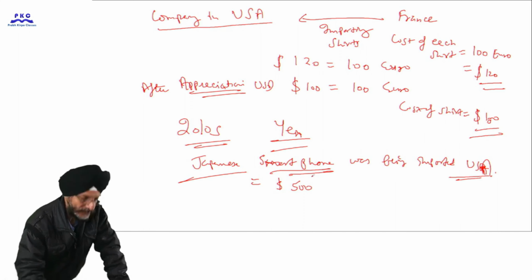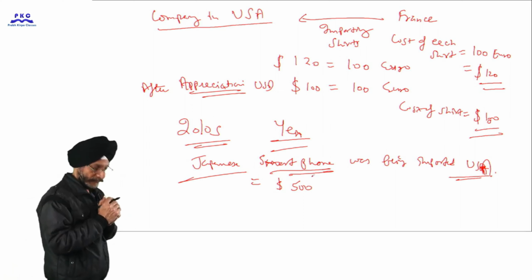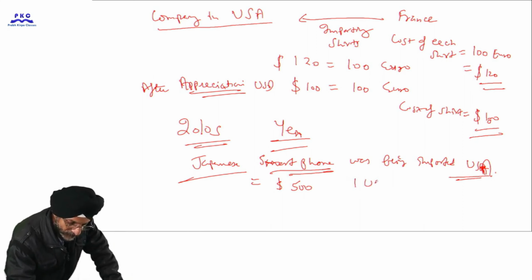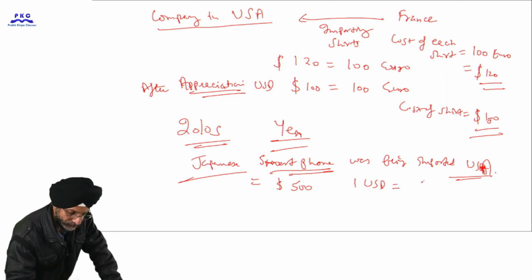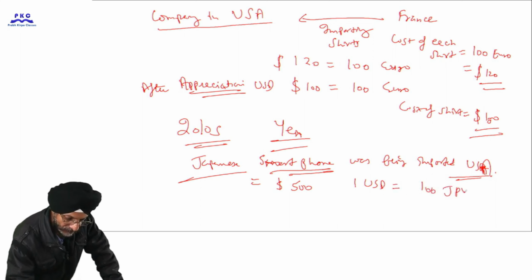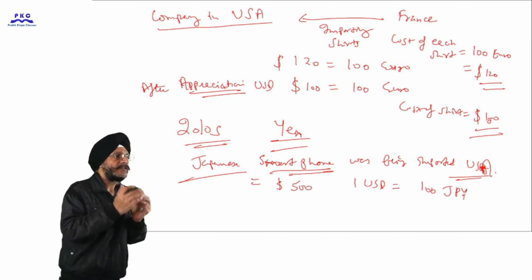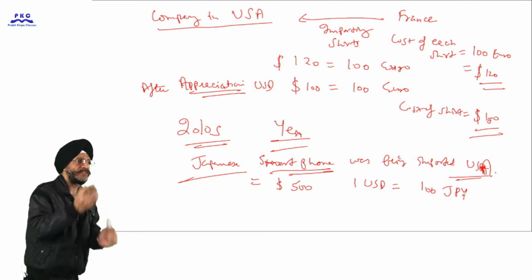The cost of one smartphone is 500 US dollars. And earlier, when they were importing, 1 US dollar was equal to 100 Japanese yen. Now the Japanese yen has appreciated.